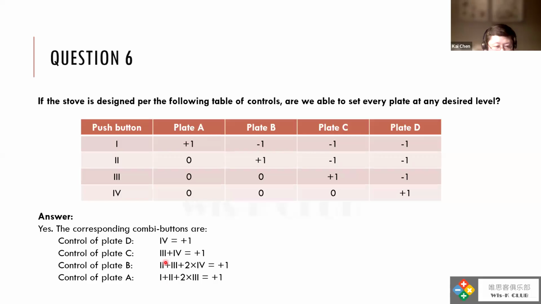If I add all above, I have 1 times 1, yes. 1 times 2, no problem. 1 times 3, but we should have 4 times 4. Why don't you have any 4? You know, the 4 times 4 is back again to the original place. So you do not need to press 4 times, because that's a period of 4. That's why I don't have a 4 times 4. I just leave it out. So yes, the answer is yes. We can still use combis for this place.